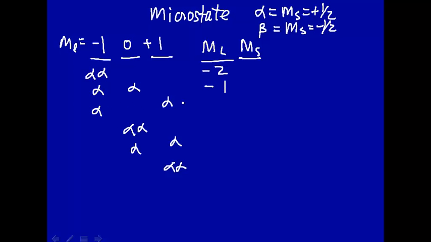Here, 1 and minus 1, they cancel each other out. Here, both are 0, that'll be a 0. Here is 0 and 1, so the M sub L here will be plus 1, and here it'll be plus 2. M sub S, since they both have m sub s equal plus 1/2, big M sub S will be 1 for all of these.